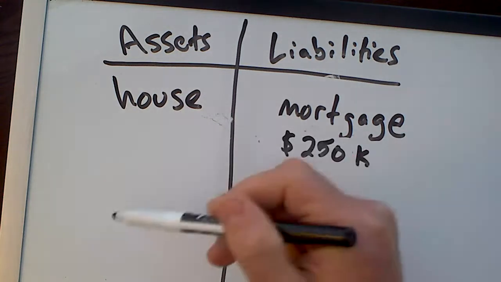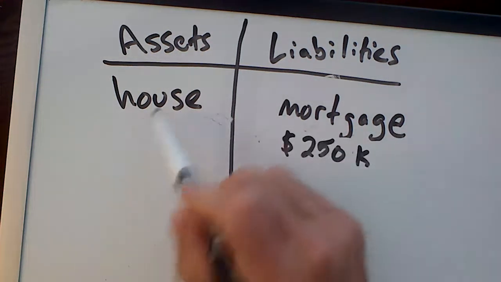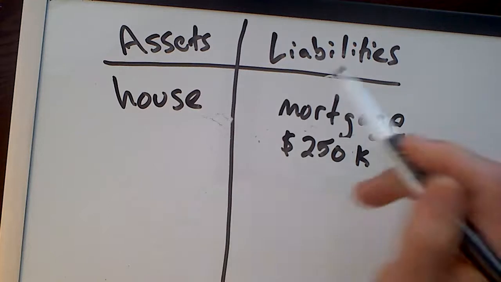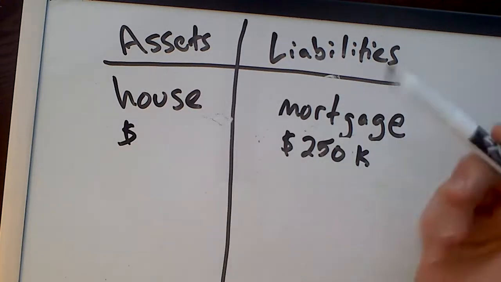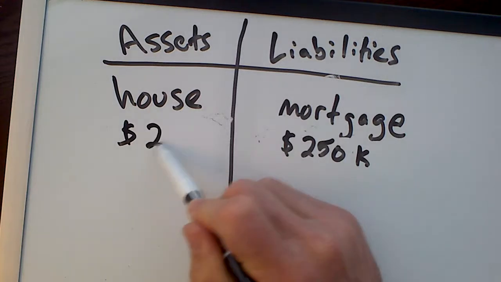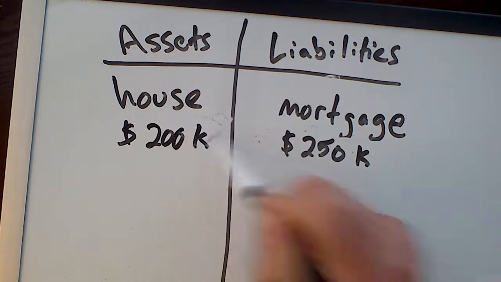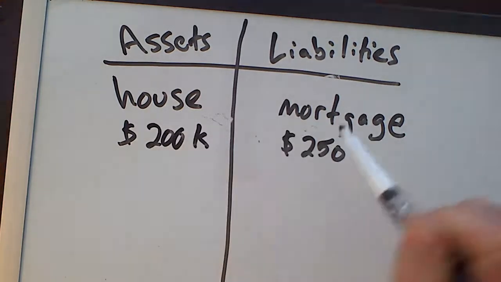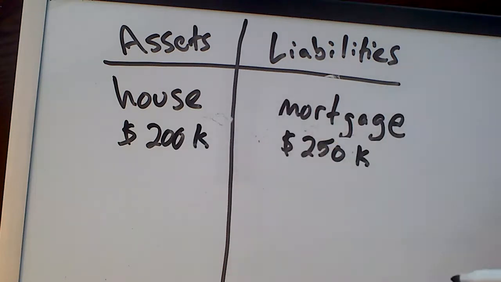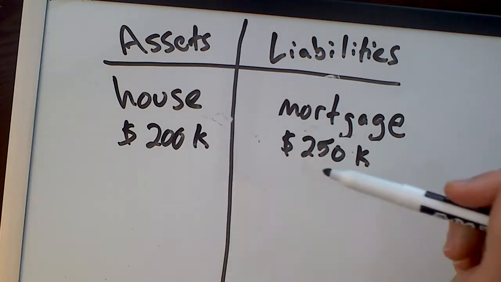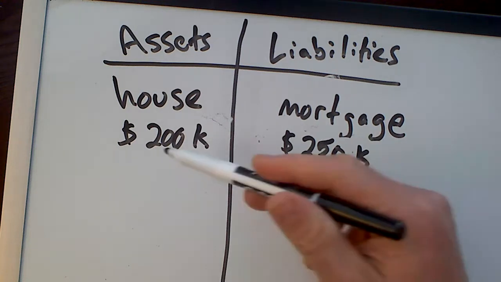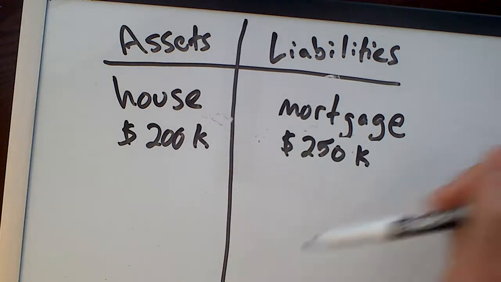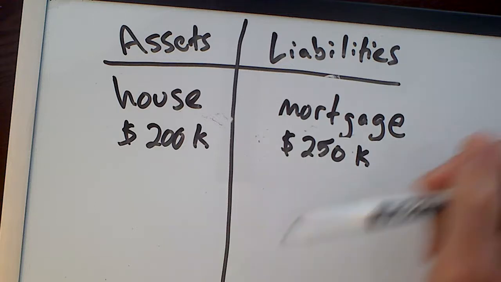Let's imagine that as a recession hits, that house that you thought was going to be $300,000 or $350,000 actually loses value because nobody is buying houses. And so your house has fallen in value to $200,000. In this case, if your mortgage was $250,000, but your house is only $200,000, you have a problem. If you tried to sell the house, you wouldn't even be able to pay off the mortgage. You have net worth that's negative at this point.